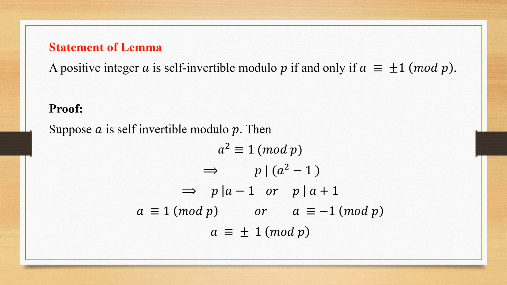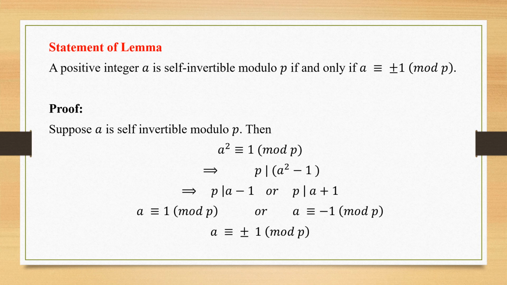From these two equations, can I combine them and put them as one single equation? Yes, I can. Then I can write it as a is congruent to plus or minus 1 mod p. Hence, the first part of my proof for the lemma is done.